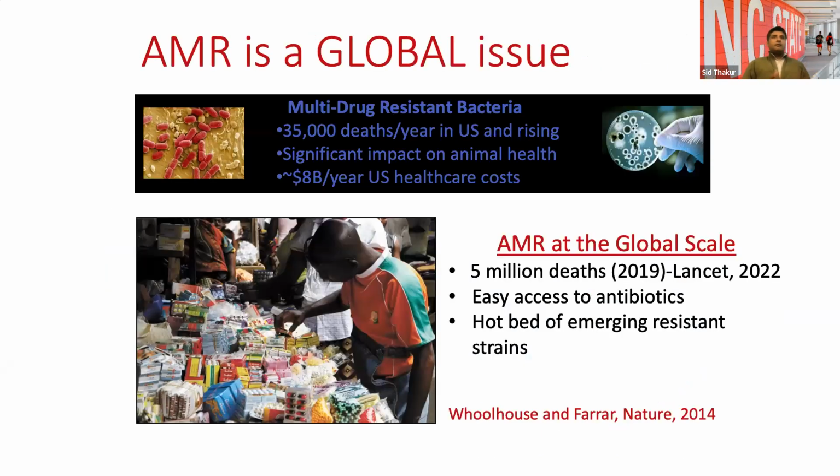So I'm just going to call antimicrobial resistance AMR moving forward. So AMR is a global problem, okay? So let's look at the US right now. If you look at the estimates, 35,000 deaths every year because of drug-resistant pathogens. But whenever it comes to talking about numbers of people infected and dying, there's a massive amount of underreporting, okay?